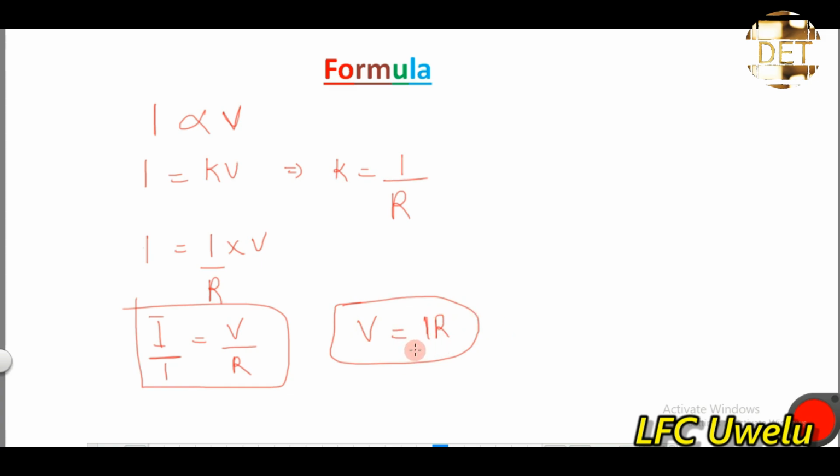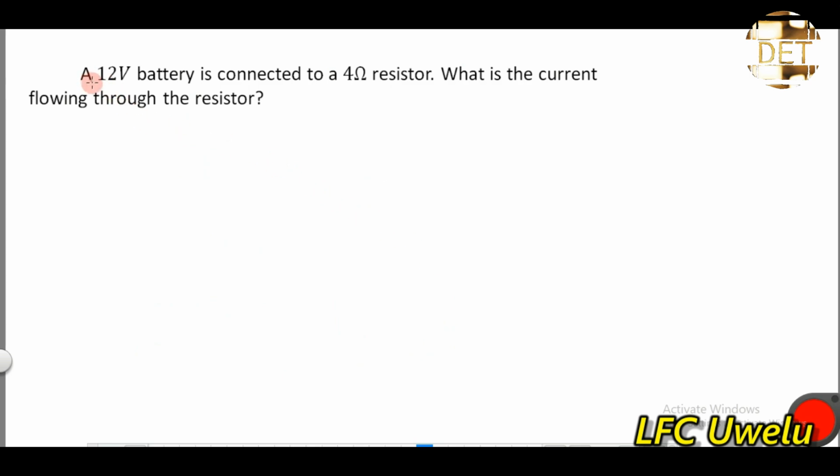Right, so let's look at some questions. A 12-volt battery is connected to a 4 ohm resistor. What is the current flowing through the resistor? A 12-volt battery, what does that tell you? That the potential difference V is equal to 12 volts. A 4 ohm resistor tells you that the resistance is equal to 4 ohms.